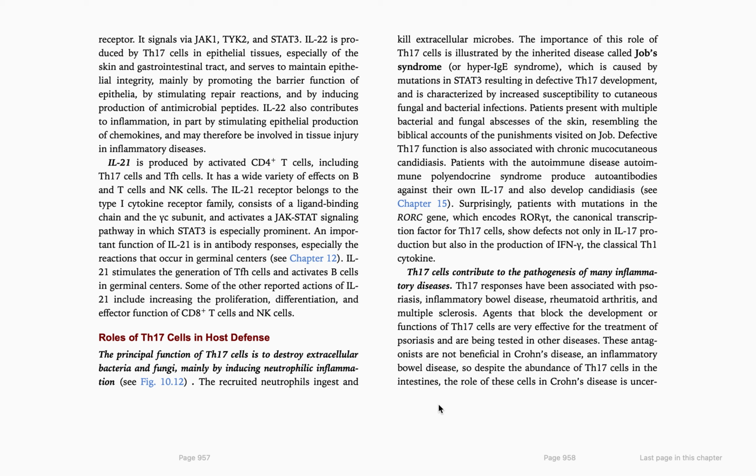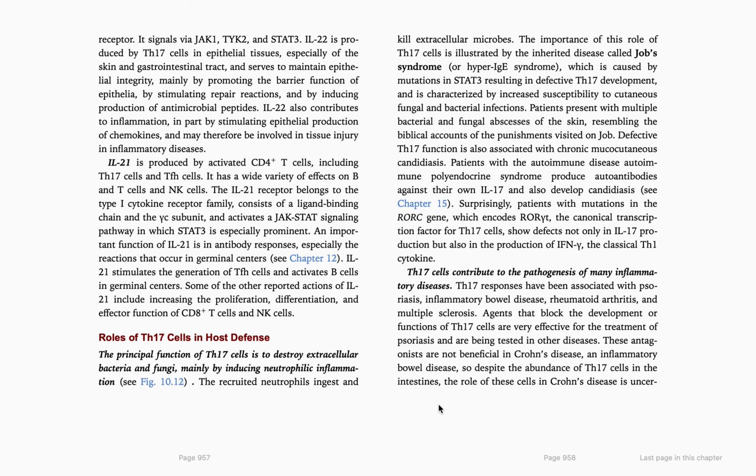Defective T helper 17 function is also associated with chronic mucocutaneous candidiasis. Patients with autoimmune polyendocrine syndrome produce autoantibodies against their own interleukin 17 and also develop candidiasis, seen in chapter 15.